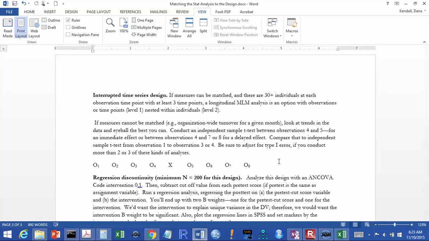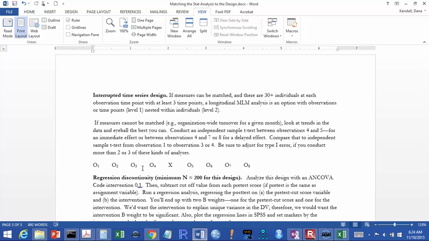Or you can conduct independent sample t-tests between, of course, the intervention, this space and time where the intervention is implemented. And that interval, I guess, is the term I was looking for.